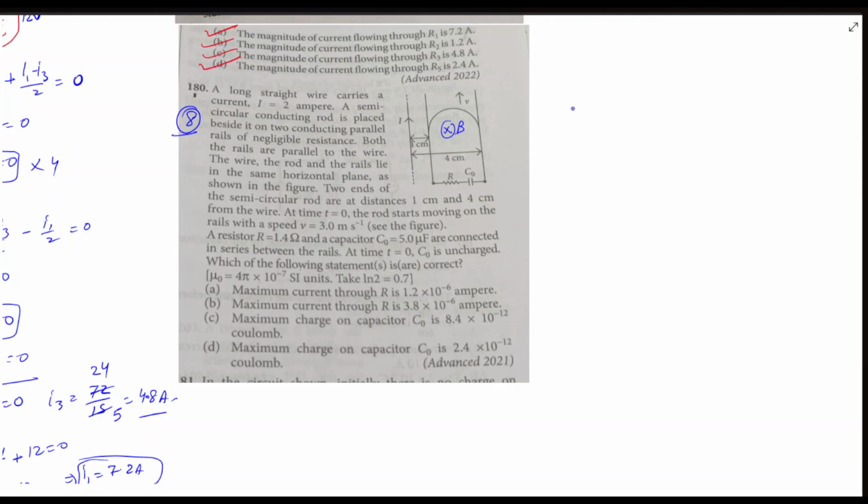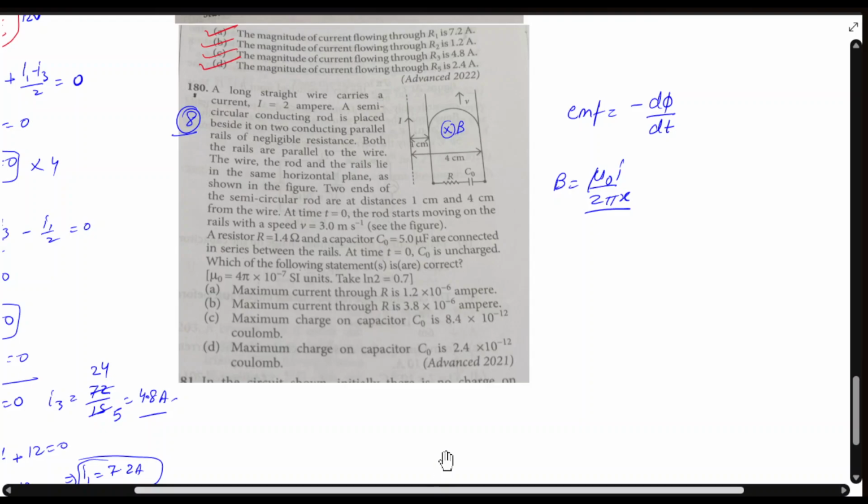So we'll simply use the formula. So EMF is minus d phi by dt, right? Now the problem with this question is, look, this is an infinite wire, and we know the magnetic field due to an infinite wire will be mu naught I upon 2 pi x. Okay. So we need to take an integrating element over here.